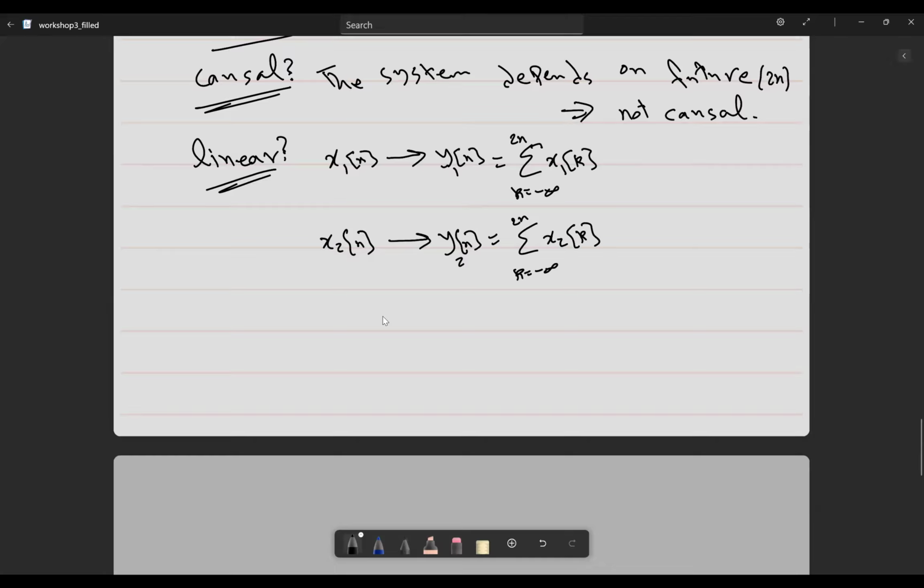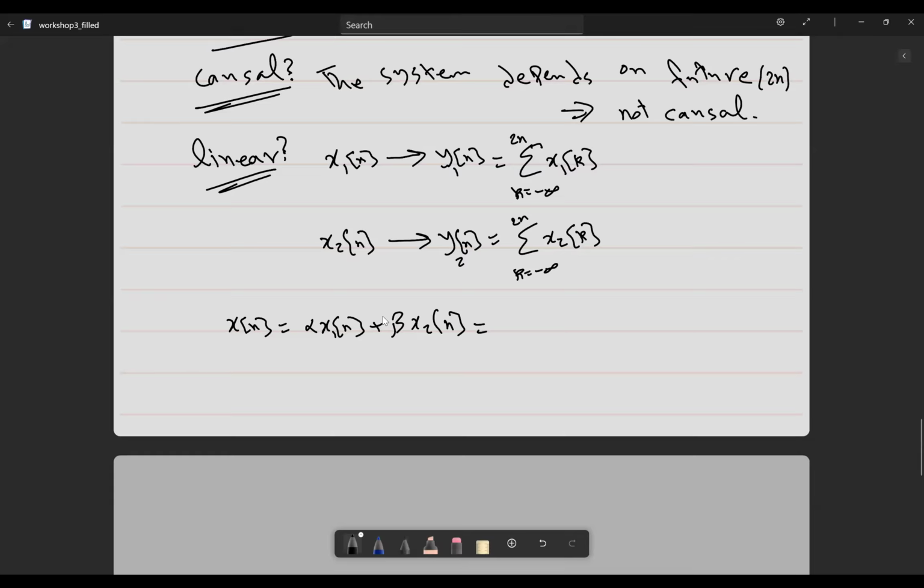Now, if we have a linear combination between those two inputs, and we call it x[n], equal to alpha x1[n] plus beta x2[n], this will be the new input.